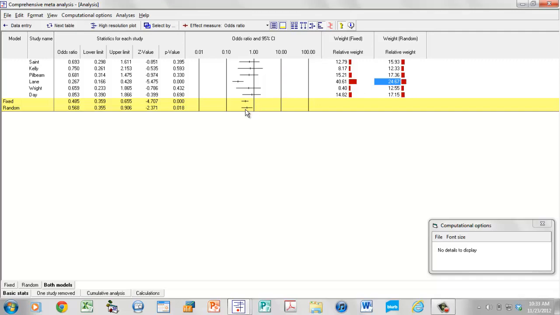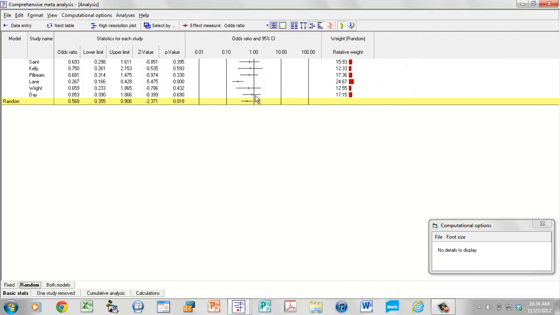Therefore, it has less of a pull on the overall effect size, and the overall effect size is closer to the consensus of the other studies, and it's 0.56 rather than 0.48. So that's sometimes a useful way of looking at the weights and trying to understand what happened. I'm simply going to switch to the random effects model right now, because in this example I'm going to assume that is the more appropriate model.